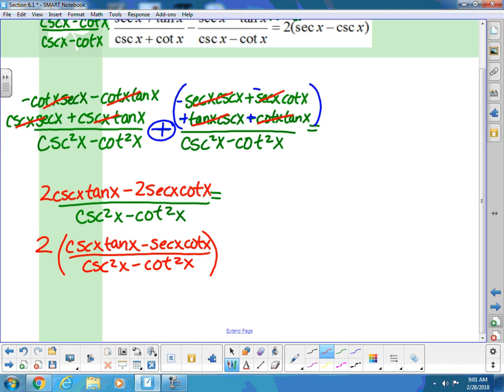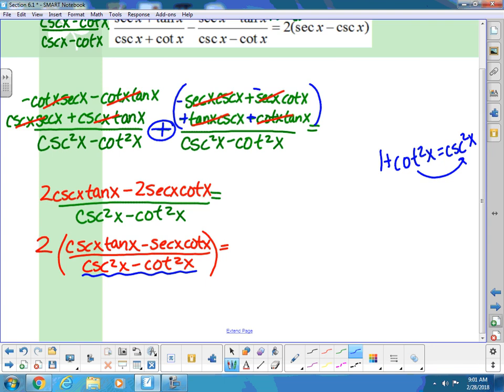And actually, before I do sines and cosines, let's deal with that denominator. I didn't notice this earlier. Cosecant squared minus cotangent squared. Those are related in a Pythagorean identity. I'm going to make that off to the side here. My Pythagorean identity is 1 plus cotangent squared equals cosecant squared. So if I move cotangent squared to the other side, I have 1 is equal to cosecant squared minus cotangent squared.